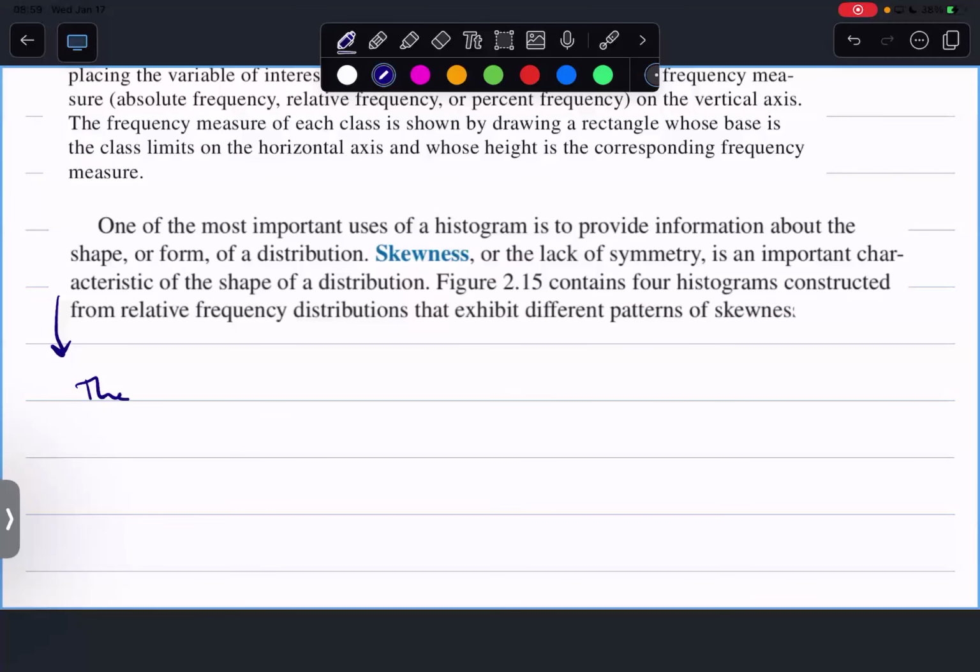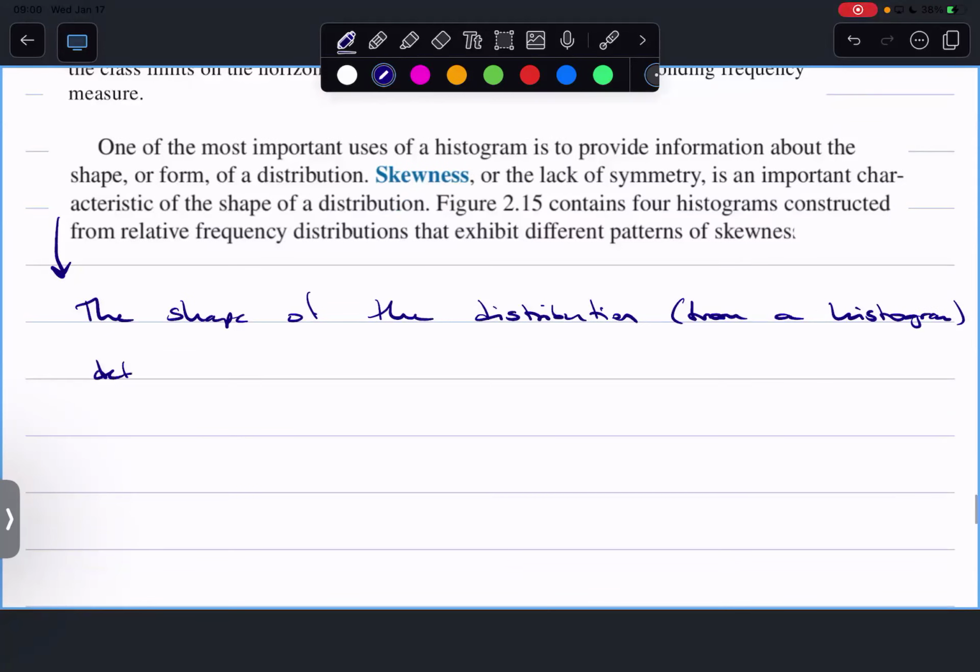The shape of the distribution from a histogram determines the appropriate measure of center, and then later spread, but we'll start with center.